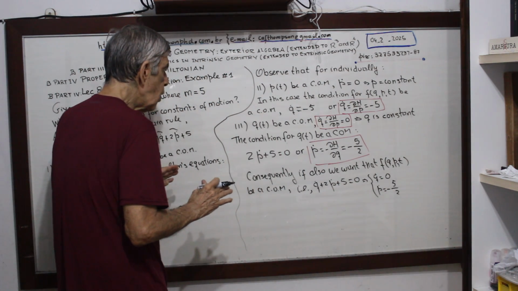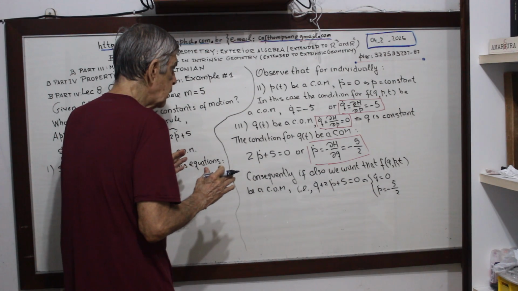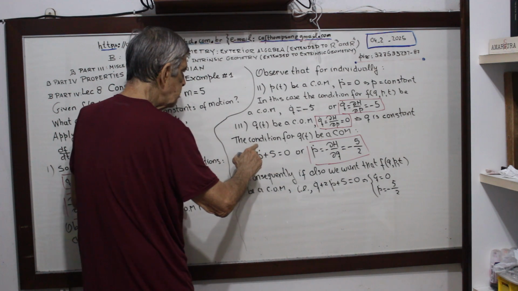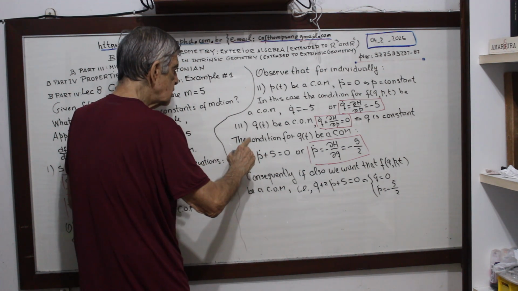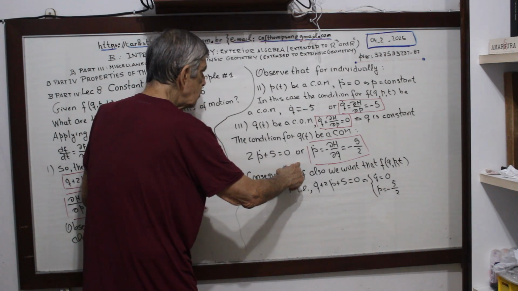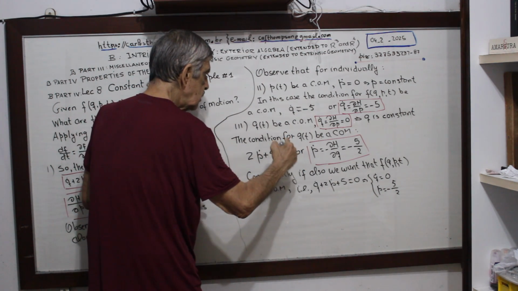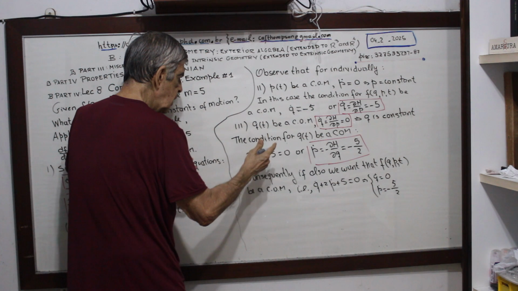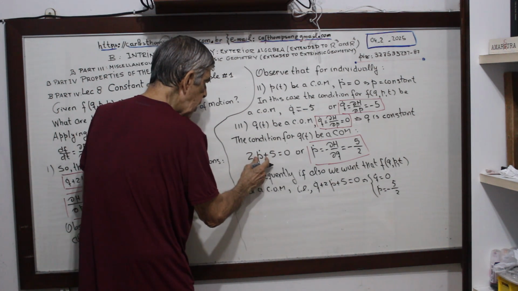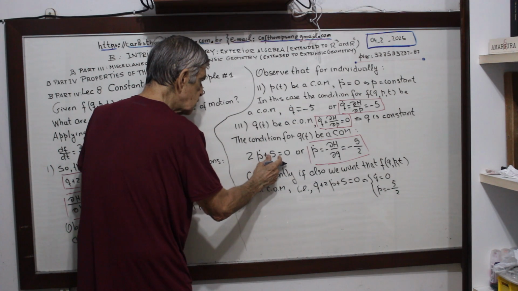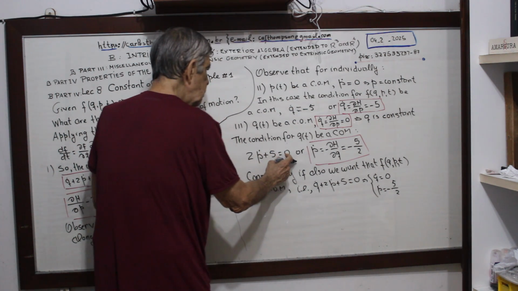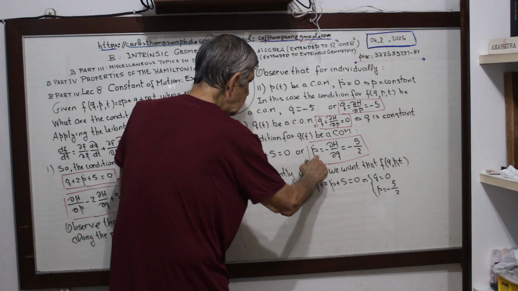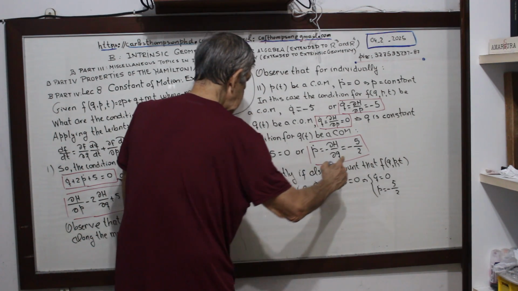Now, what is important is to observe the third condition individually. In this case, condition 3 for item 2, for q to be a constant of motion, is there. The condition then is 2p dot plus 5 is equal to 0. So you plug here on the right hand side, p dot is equal to minus 5 over 2.